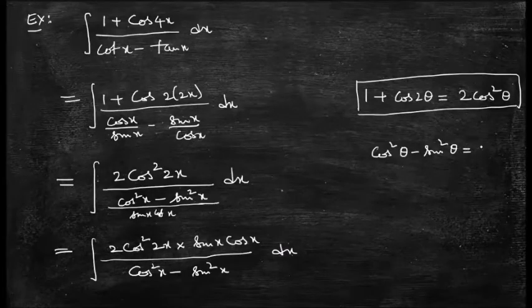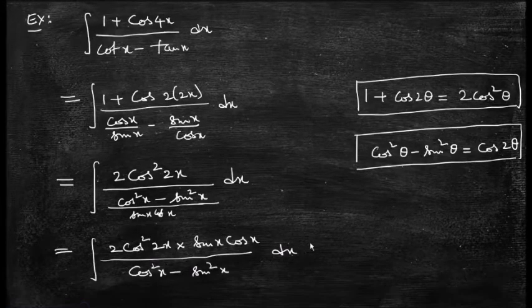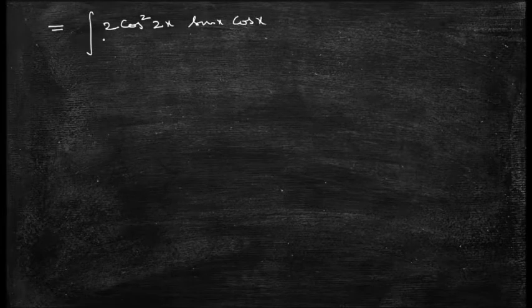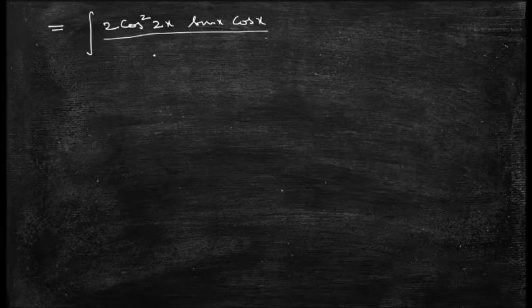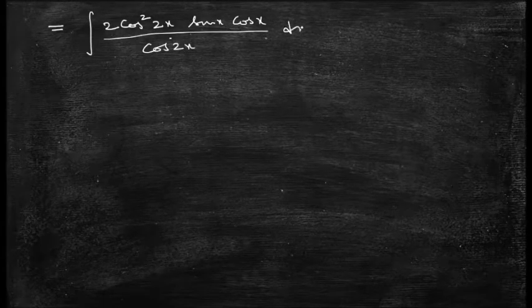It is nothing but cos 2 theta. So that is equal to the integration of 2 cos square 2x sin x cos x by cos square x minus sin square x, which can be written as cos 2x dx.